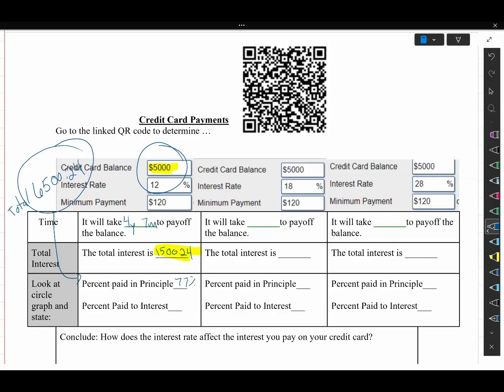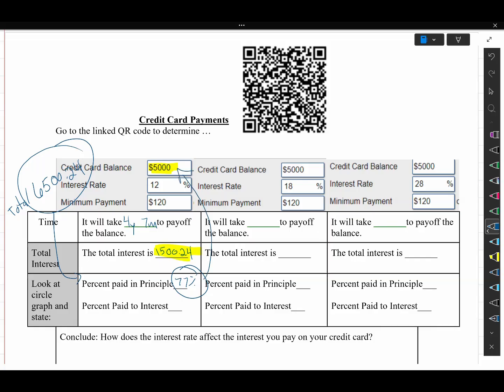So what that would mean is if you paid with this setup, if you owed $5,000 to your credit card, and they were collecting 12% interest, and you were paying $120 every single month, then it would take you 4 years, 7 months to pay it off. You'd be paying this much interest, $1,500, and in total, 77% of the money that you pay is actually this $5,000.